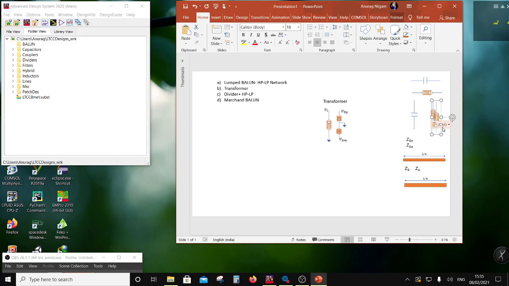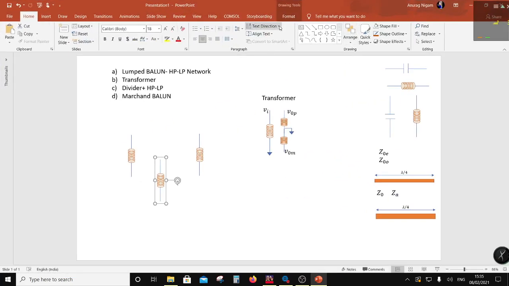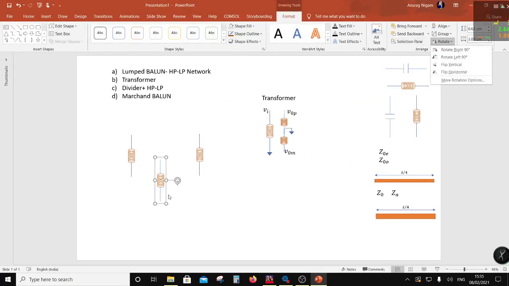Now you can reduce the number of components in this lumped component BALUN, because there are some components which are really there for the phase balance and amplitude balance. So that control you will lose if you do this.